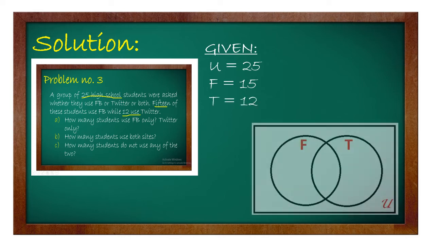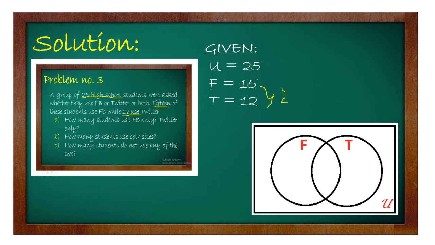So, ang gagawin na natin, isusulat na natin lahat yon sa ating Venn diagram. Pero kung mapapansin mo, walang binigay na complement, wala ring binigay na intersection. So, paano natin ilalagay yung ating sets sa Venn diagram? So, kung walang binigay na complement at saka ng intersection, so ang gagawin natin, pagsasamahin natin yung set F at saka set T. So, 15 plus 12 is equal to 27.